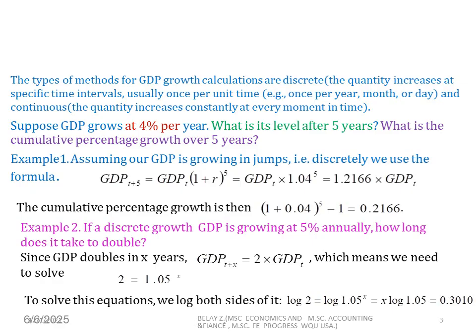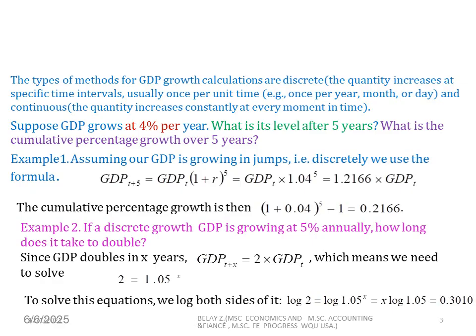And in continuous calculation of growth rates, quantity increases constantly at every moment in time. For example, for a discrete, interest rate is calculated annually. That is, growth of it is calculated through discretes.